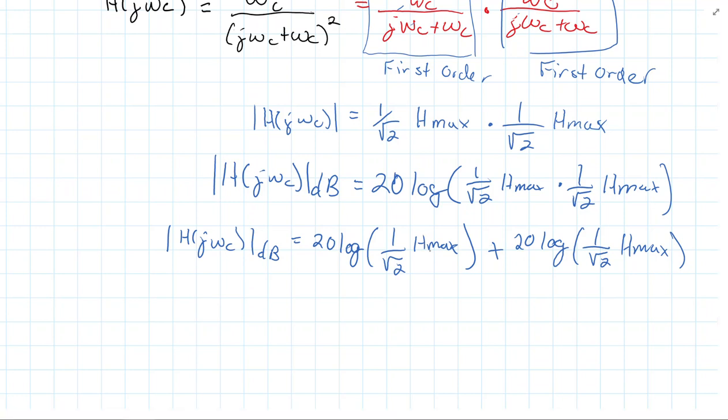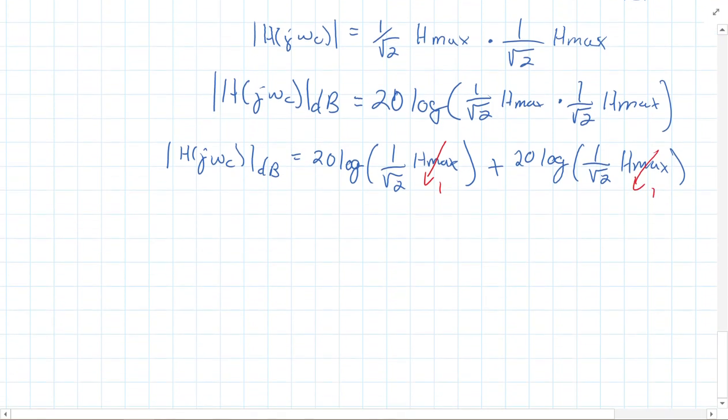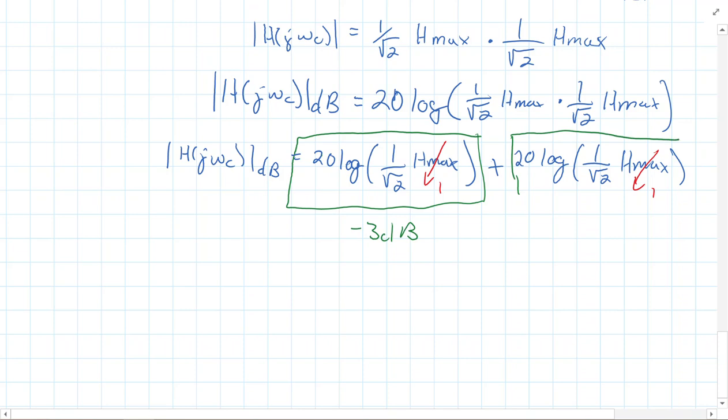And then, of course, what did we just say here? H max is just 1, because these are passive filters. And then what do we get here? Well, this term here, we've already done this. It'd be 20 log of 1 over the square root of 2, which is minus 3 dB. And then this would be minus 3 dB. But what are we doing to those?